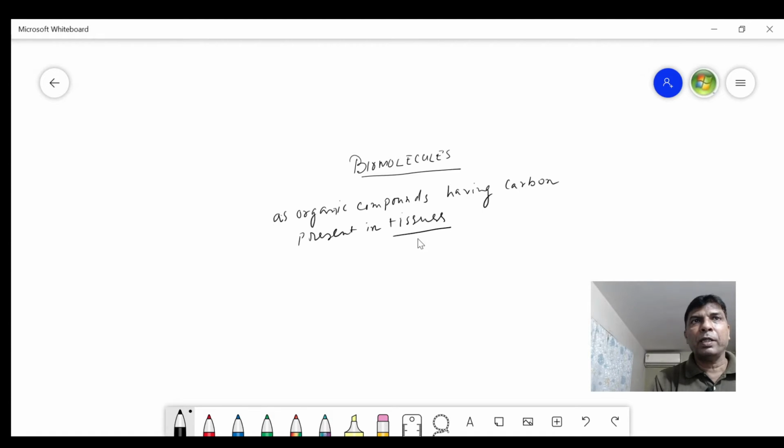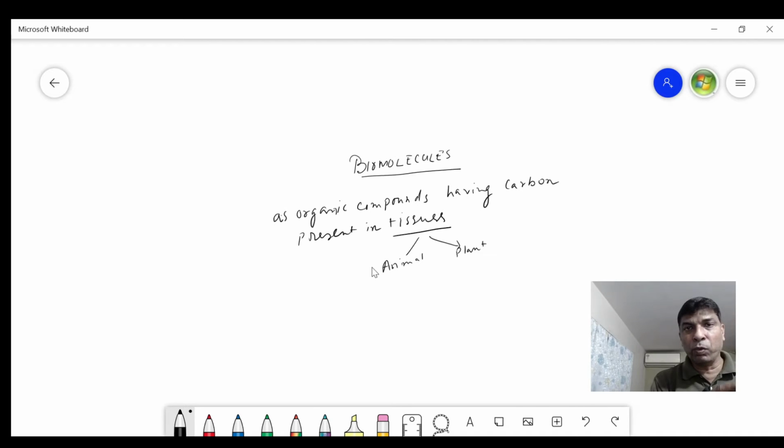Now remember, these tissues may be of animal origin or it may be from plant. So this is the definition: organic compounds having carbon present in tissues.